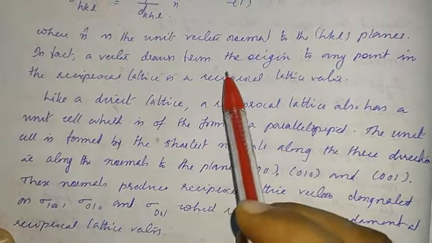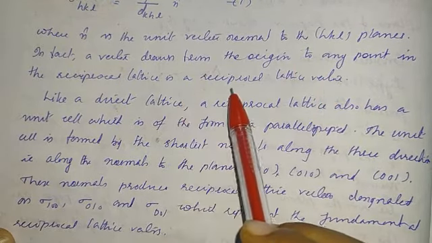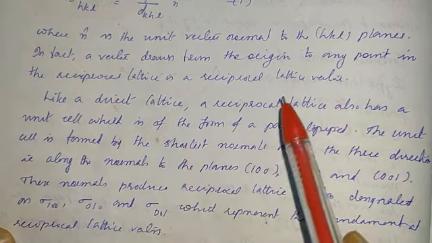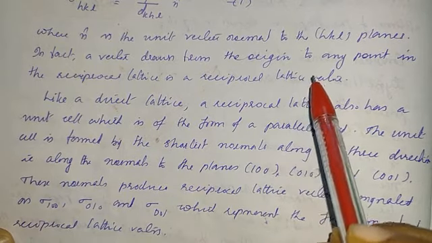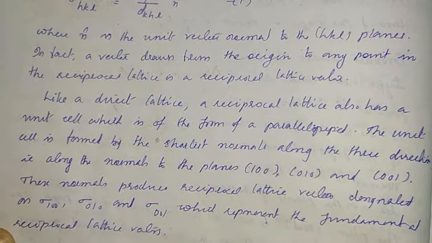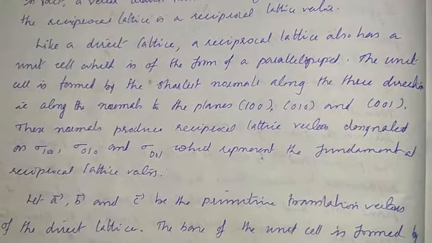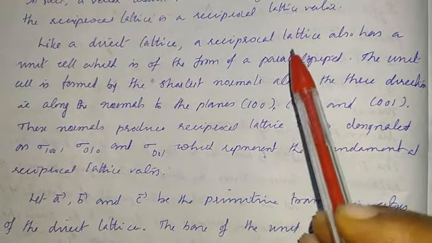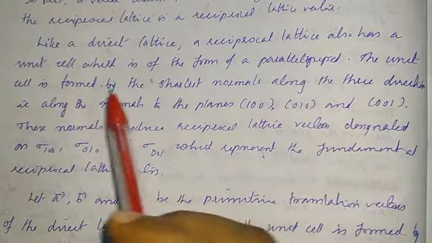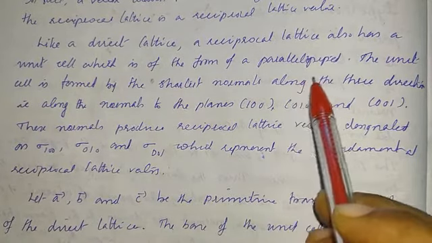In fact, a vector drawn from the origin to any point in the reciprocal lattice is a reciprocal lattice vector. Like a direct lattice, a reciprocal lattice also has a unit cell which is in the form of a parallelepiped.